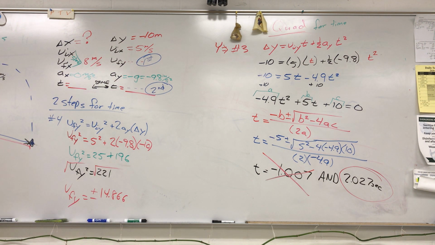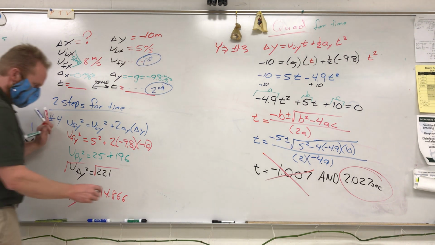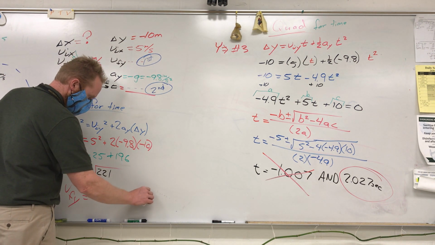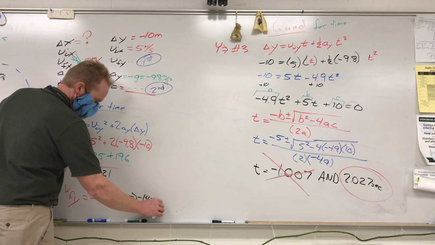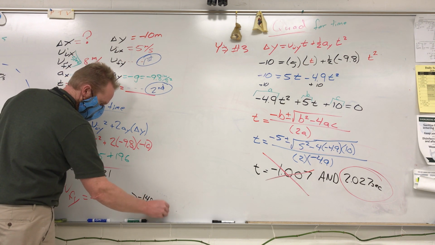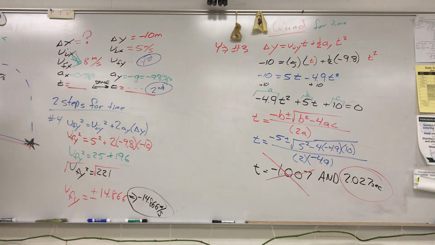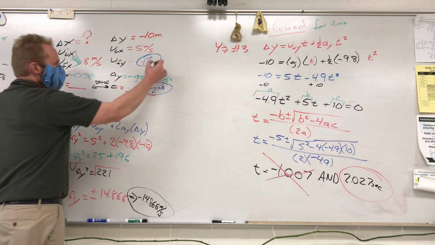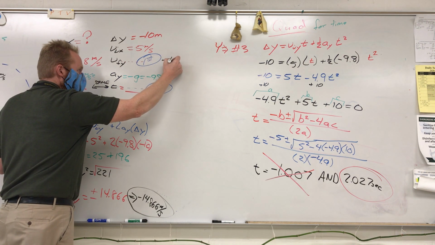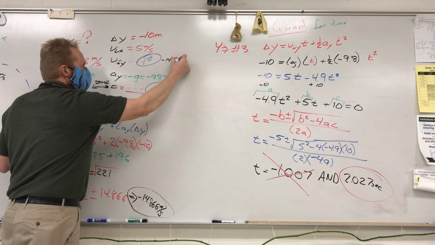Then we have to ask ourselves, right here, when the ball is landing in the y direction, final location, is it moving down, negative 14, or is it moving up at positive 14? And hopefully you realize that it's moving down. So then we can say, well, this is negative 14.866.